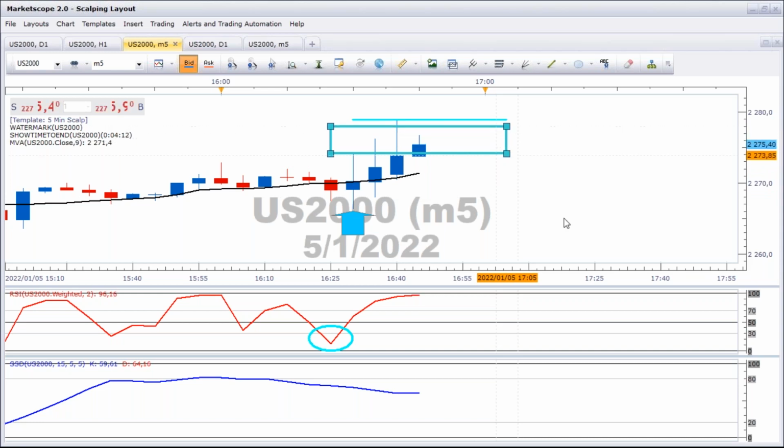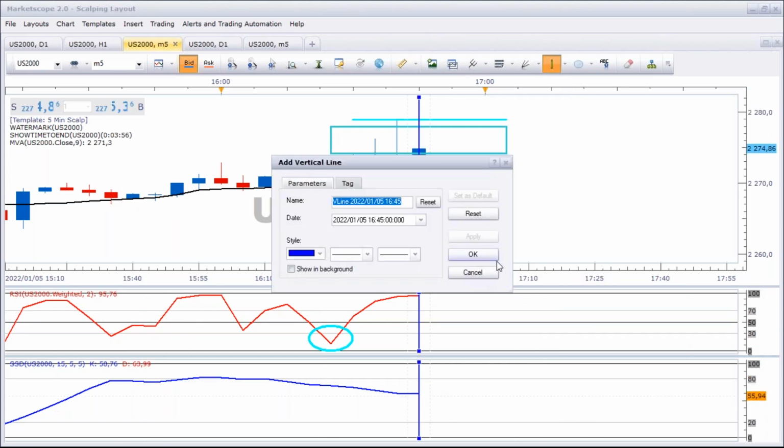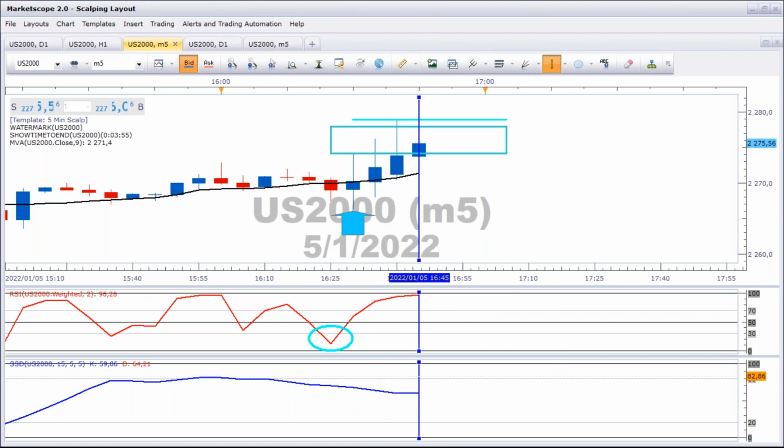Maybe just extend this up. So that's the pullback method. The other option for us is, of course, the momentum method. The momentum method now would need the stochastic to move above 80. Okay, so we're not there yet. So we're still very much on that pullback method to see if we can time a pullback.